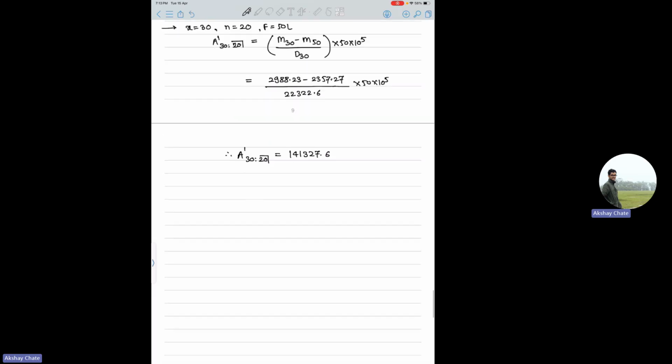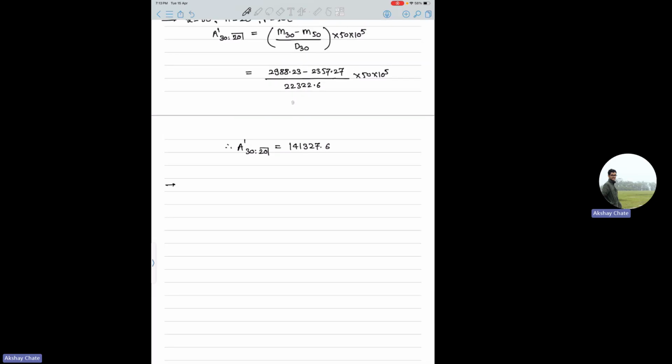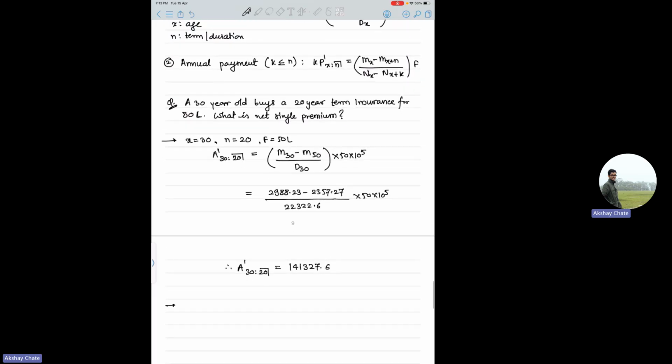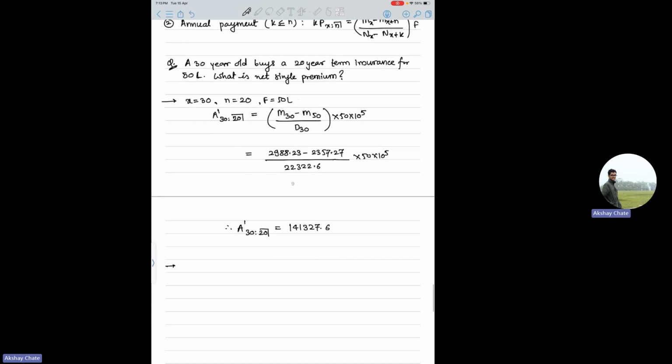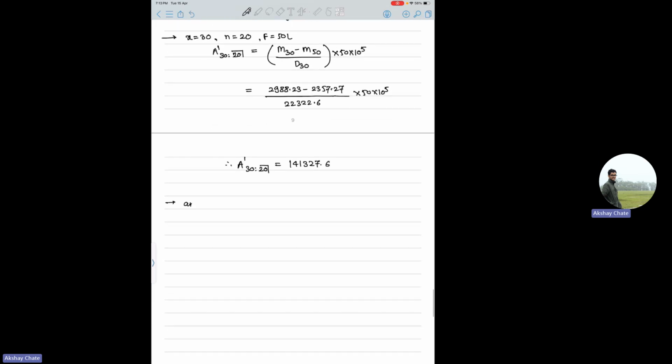So then I can ask you the same question. Instead of doing it as a single premium, let's say you do annual payments. What is the amount that you'll be paying if you do annual payment for, let's say, 20 years only, because k can be anything between 0 and 20?